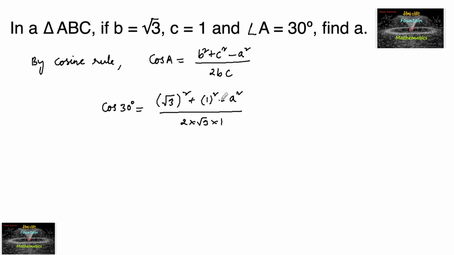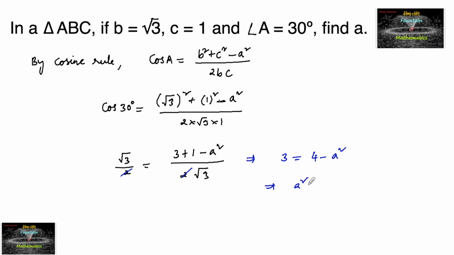Cos 30 value is root 3 by 2. So root 3 upon 2 is equal to root 3 whole square is 3 plus 1 minus a square upon 2 root 3. So we can cancel here 2 and 2, and by cross multiplication we have root 3 into root 3, 3, is equal to 3 plus 1, that is 4, minus a square, or we can write a square is equal to 4 minus 3.